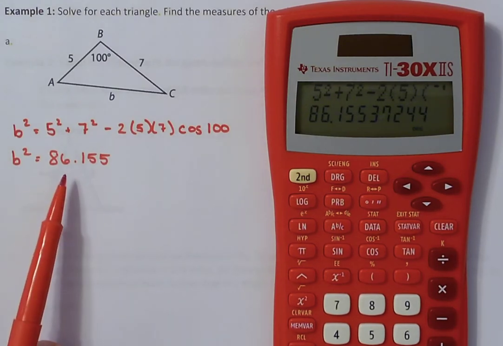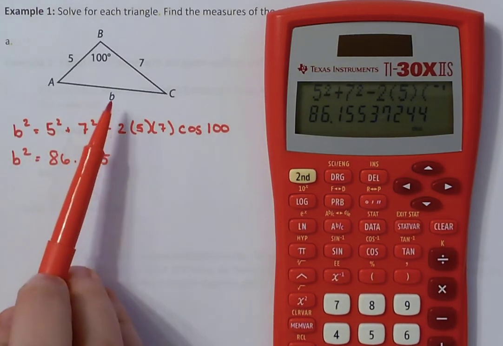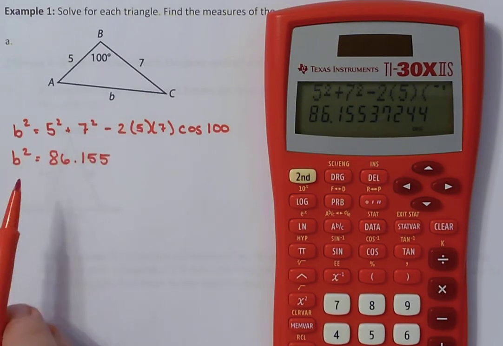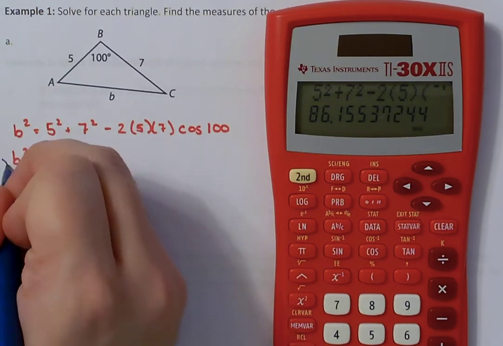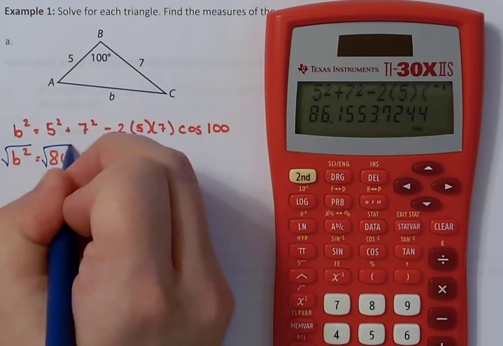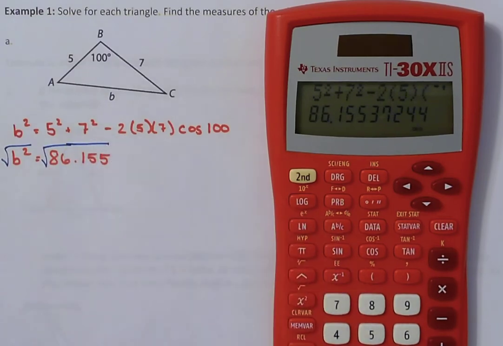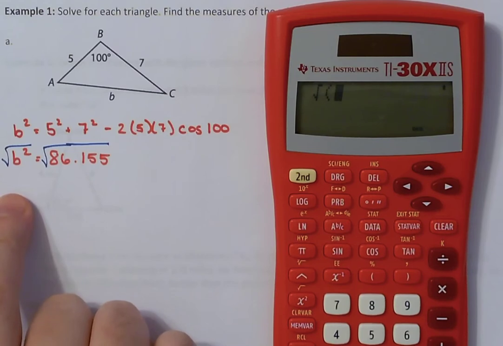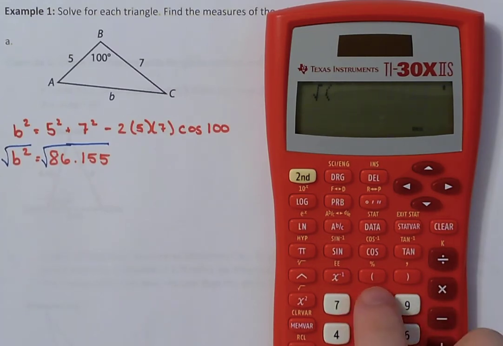Now that I know what B squared equals, to figure out the length of side B, all we have to do is get rid of this power of 2. So that means all we have to do is take the square root of both sides. If we take the square root of both sides, we're going to get B on the left, and then we take the square root of 86.155.